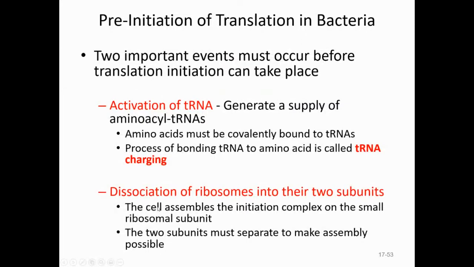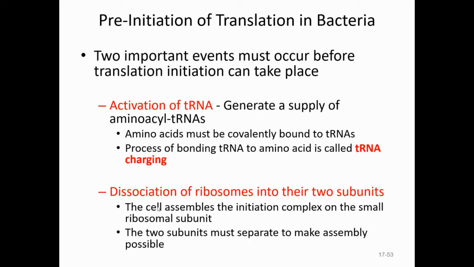Okay, and then to prepare for the translation initiation, you need to have two events. Two things need to be done before they can start the translation. Number one, you have to activate the tRNA. Normally tRNA is uncharged, that means the tRNA does not carry any amino acid.